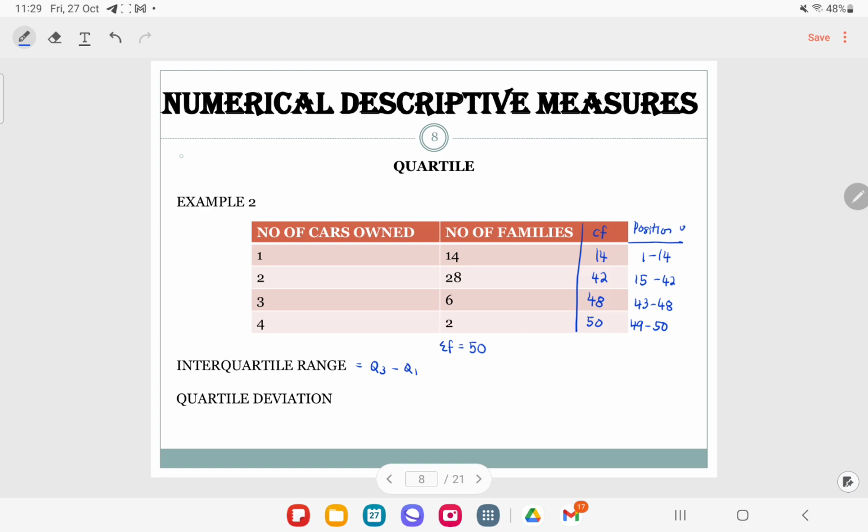So calculate the first quartile position. First quartile position will be n over 4. So 50 divided by 4 will be 12.5.